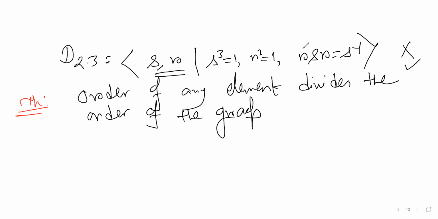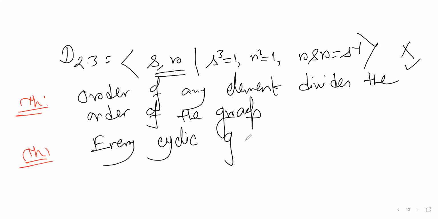Second, every cyclic group is abelian. Okay, the proofs of these theorems or statements, you can say, are very easy. I leave those proofs as an exercise.